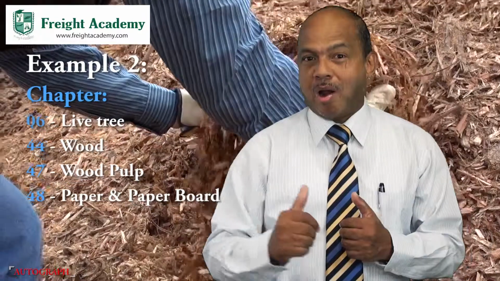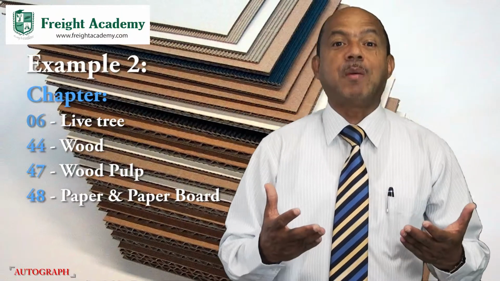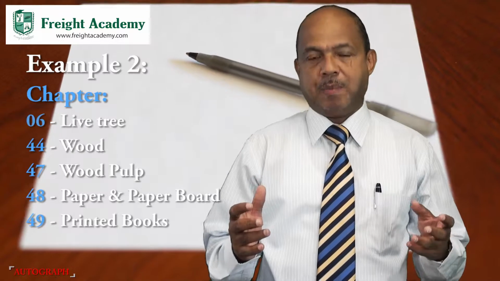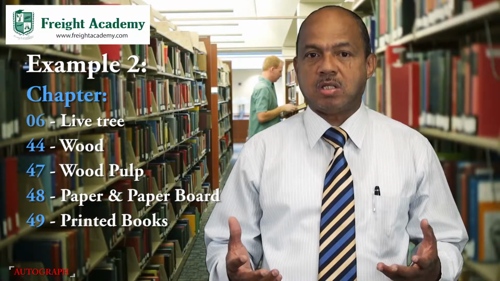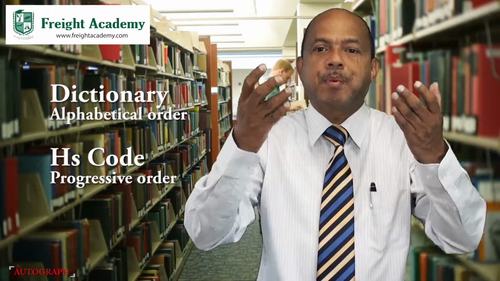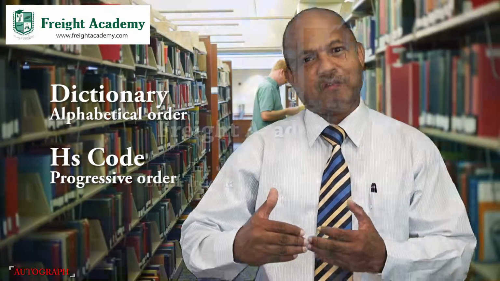When we use the pulp to manufacture paper and paperboard, that is paper, writing paper, blank, it goes to chapter 48. Now that you have taken the blank paper and made print of it, you have printed books, printed magazines, any printed materials will go to chapter 49. And this is why we say it is arranged in a progressive way from the raw materials up to the finished goods.